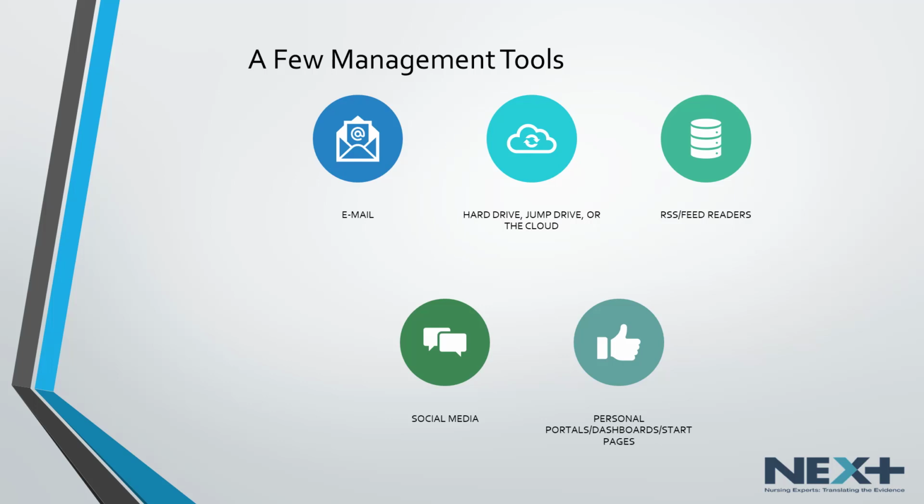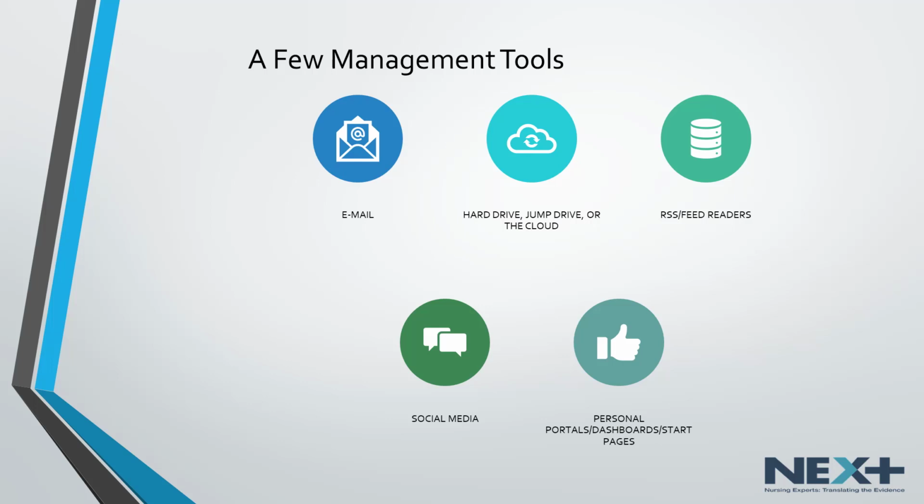Many people choose to use feed readers or social media tools as their primary tool to collect information. While these are great tools, they do generally limit you to one type of information source. For example, feed readers are great for reading multiple feeds, but do not provide access to email. A popular tool that allows you to incorporate multiple sources of information into one space is the Personal Portal.